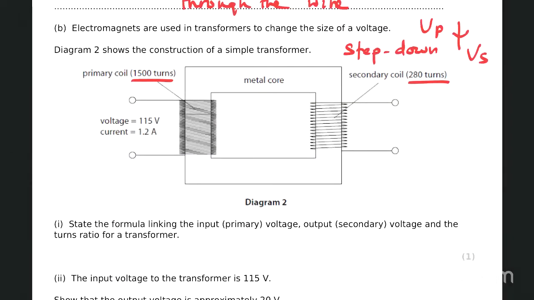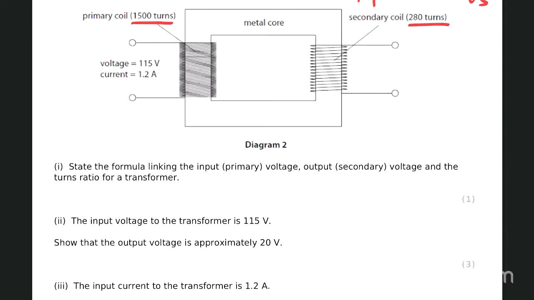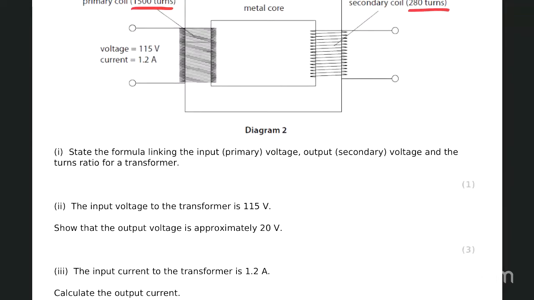State the formula linking input or the primary voltage, output voltage, and the turns ratio for a transformer. So I'll use the word equation here, right? So here I can write the primary voltage. I'll use the symbols as well.